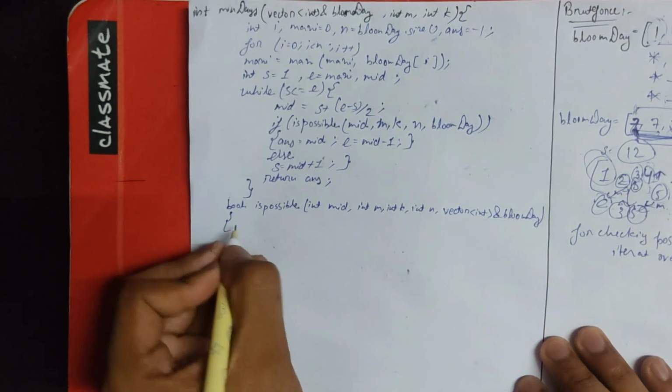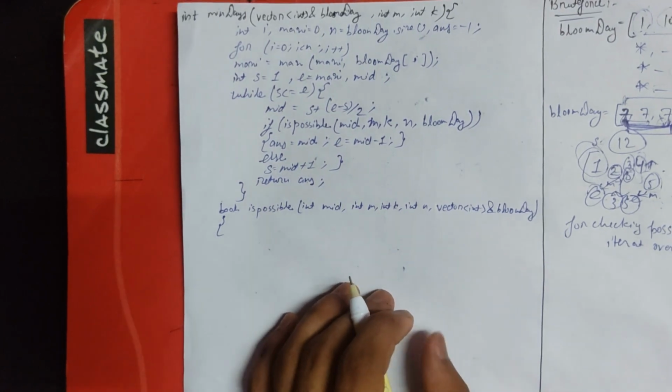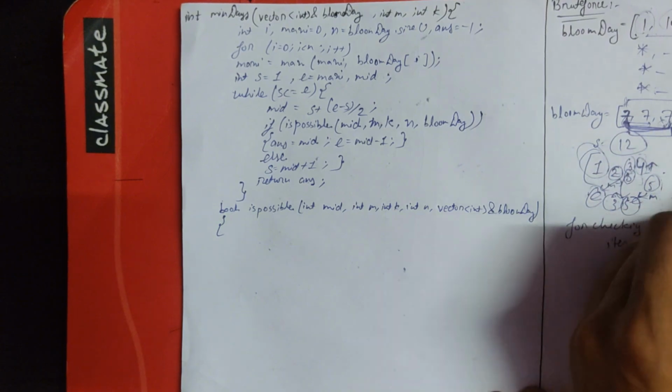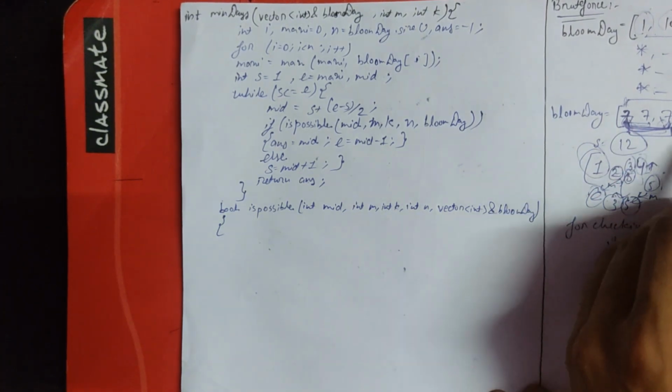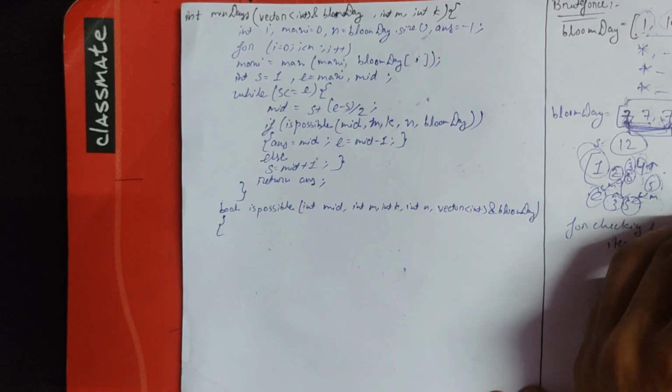Now let's write the function. So as we discussed, how can it be a possible solution? If we can make these pairs, and the count of these pairs that we are making is greater than or equals to the value m, so it is a possible solution.